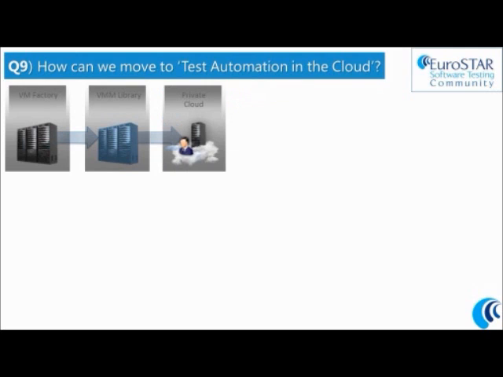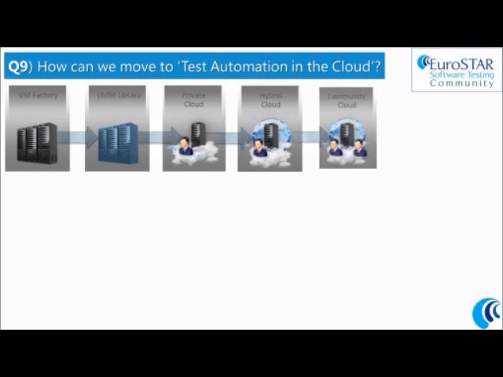Once you've got them in, that could be a private cloud, that could be Hyper-V. You could then move them into a hybrid cloud model, which could be Amazon EC2, or Azure, now that we've got infrastructure as a service, and also that could be a community cloud.